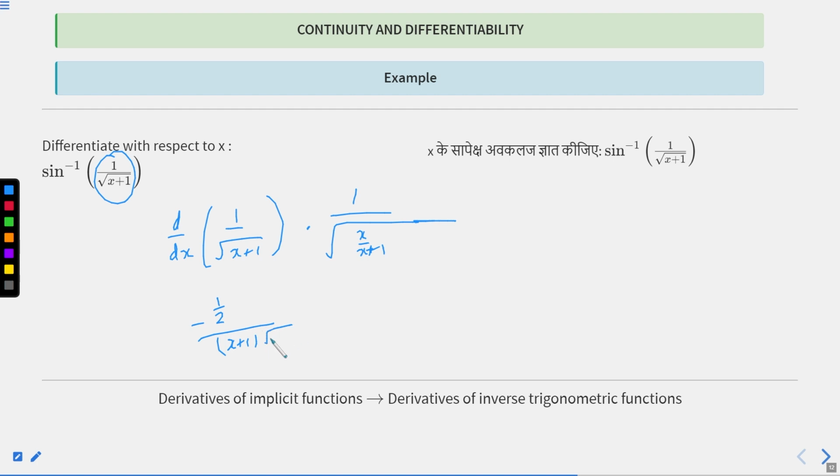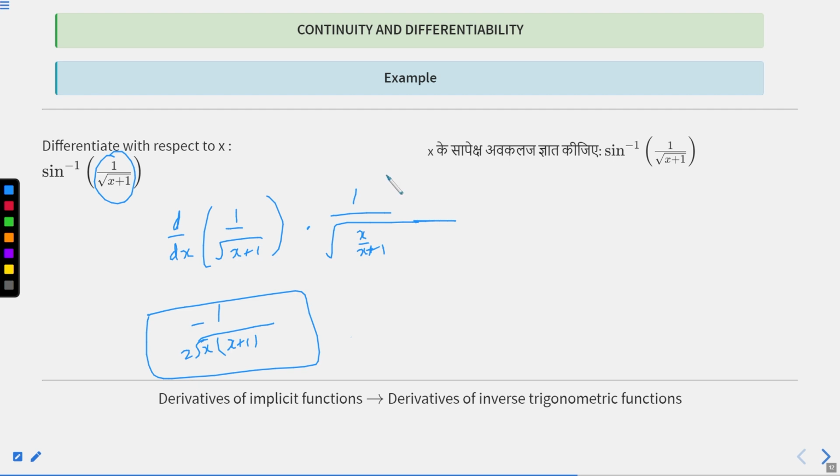This means 1 by 2. This multiplied with root of x plus 1 by root x. This will be cancelled. You will only be left with 2 root x plus 1. Some expression like this, if I'm not making any calculation mistake. You will get this answer. Simple. I hope that it is clear.